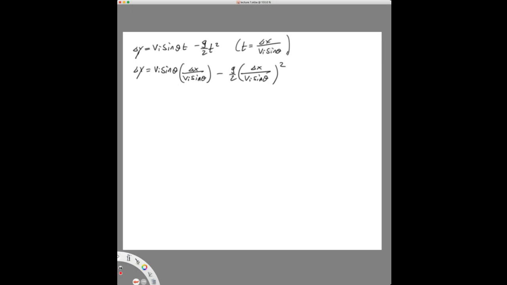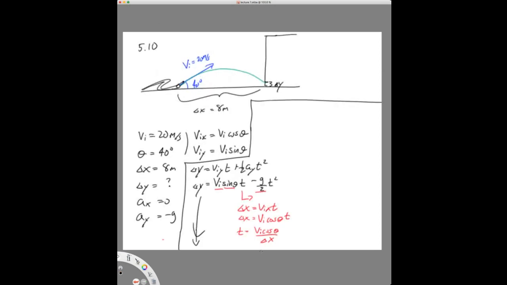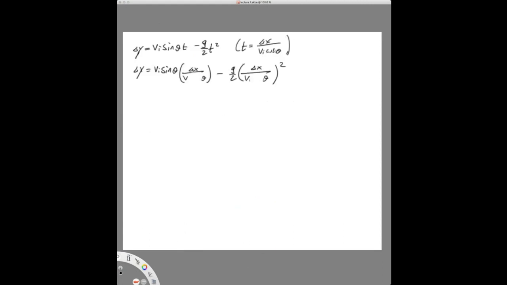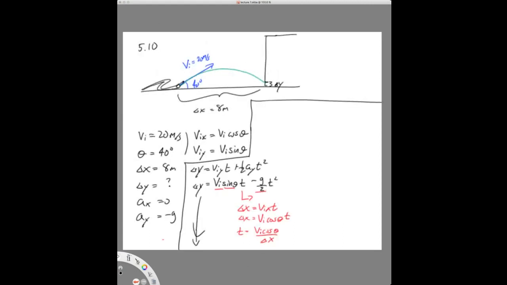I think, sorry, this should have been a cosine of theta. Darn it, I should have looked back at the other page before I started writing. Let's check that. So yes, we had vi cosine of theta over, wait, I messed this up too. I'm sorry about that.